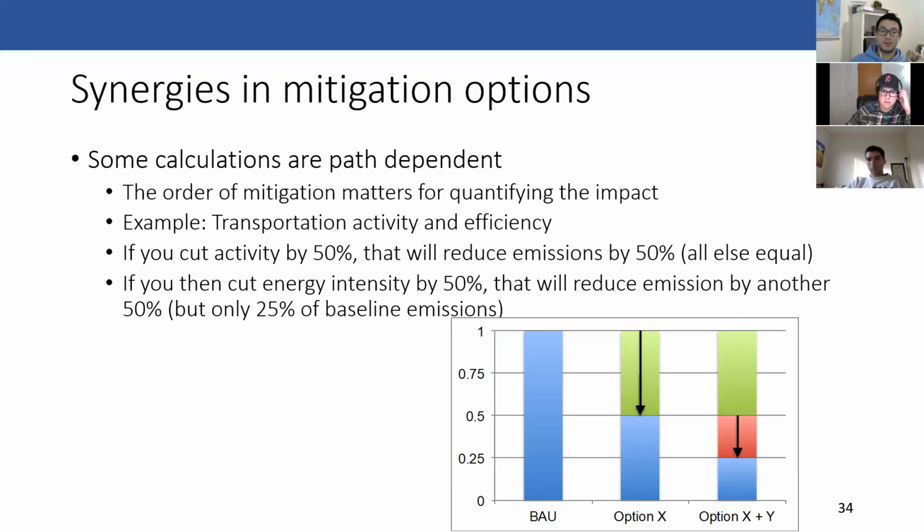And so that's a 25% reduction from your baseline. So in some ways, you do have to be careful in these types of analyses, because the way in which the wedges stack, either in order or if the mechanisms are not independent, can make a difference in what it means for your ultimate emissions outcome.